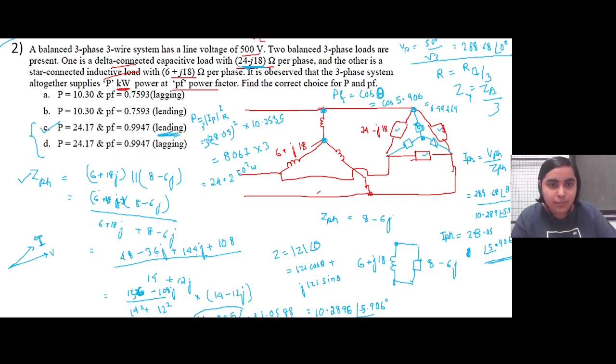Since the angle is positive, the current is leading the voltage, so it is a leading power factor. Okay? If everyone is okay with it, we'll move to the next problem.